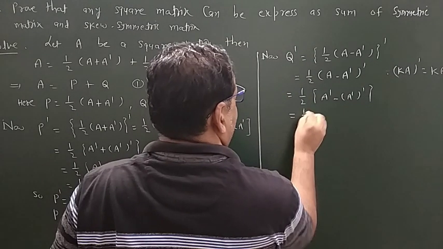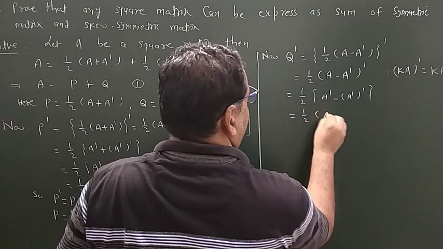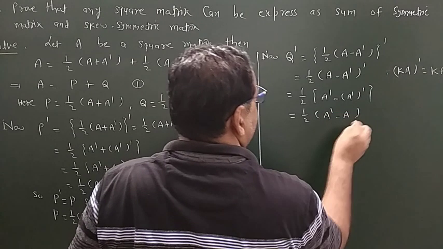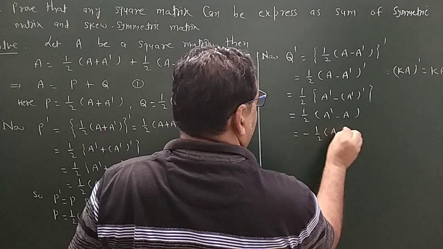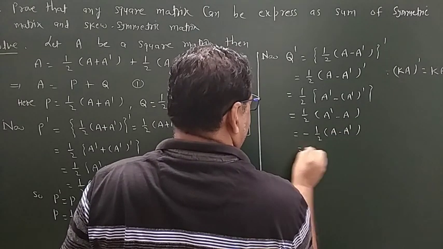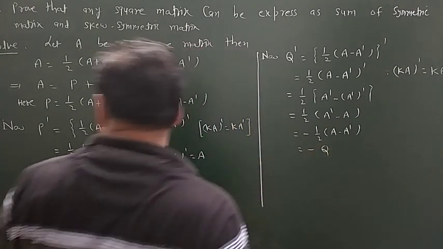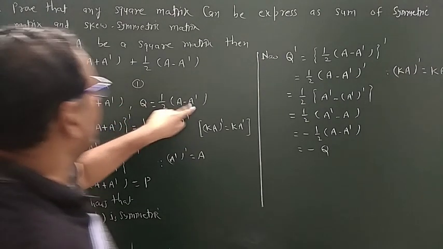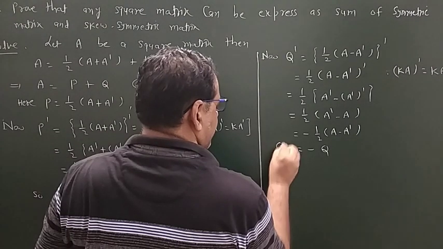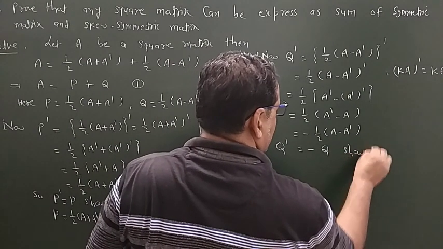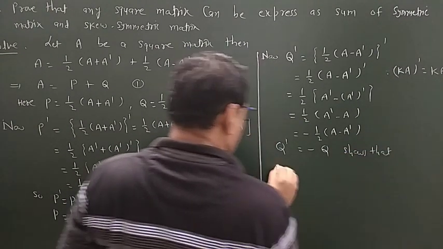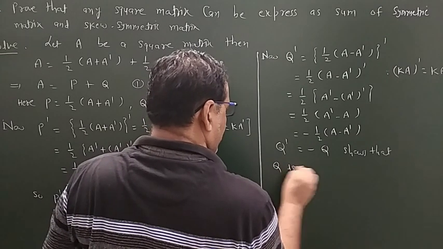This again can be written as A dash minus A. Minus is common here: minus 1 upon 2 (A minus A dash). This is again minus Q, because the value of Q is 1 upon 2 (A minus A dash). So Q dash equals minus Q, which shows that Q is skew.